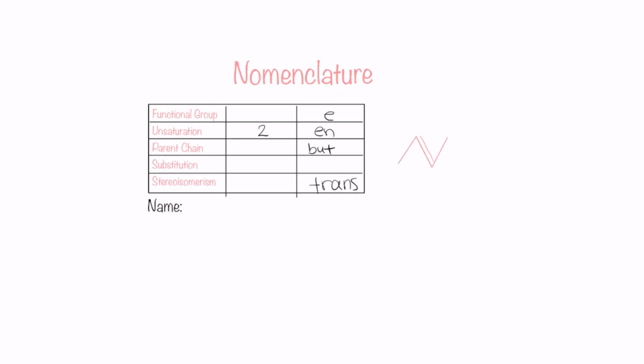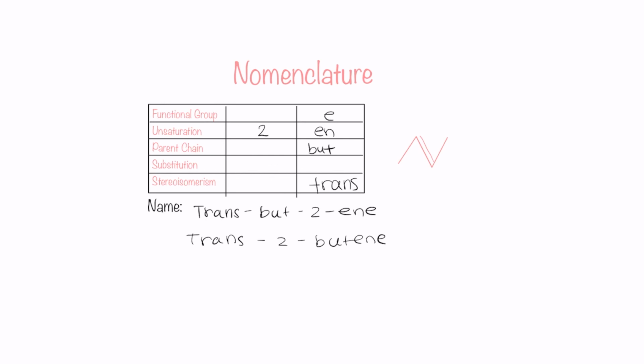And so real quick here, I just wanted to show you that if we name this structure using the FUPSS method, we're going to find that we get the name trans-but-2-ene. So let's go ahead and write that in. Trans-but-2-ene. And the reason why I wanted to show you this is because sometimes you'll find that the name is written a bit differently. You'll see it written as trans-2-butene.